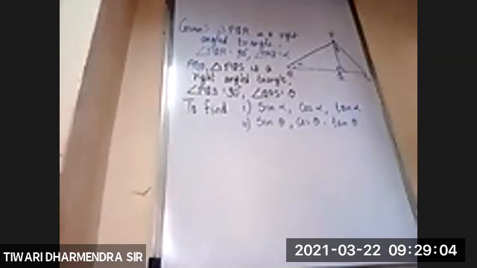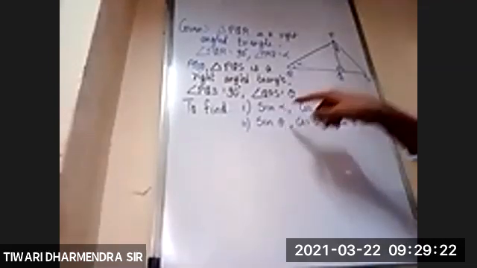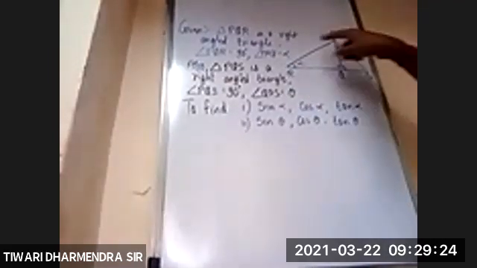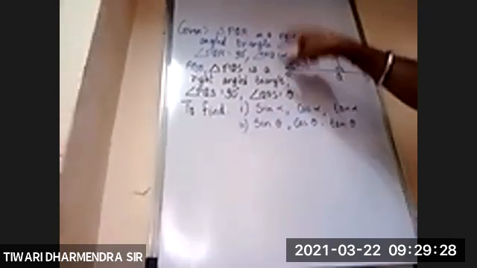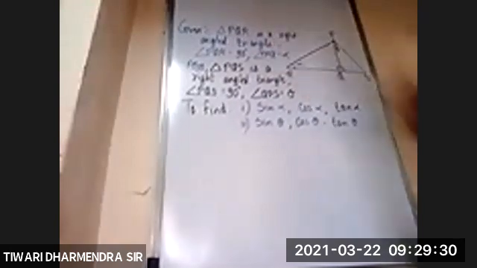So for alpha, we should consider the triangle PQR. We should mention specifically that we are dealing with this triangle, or else you will make a major mistake, which is unavoidable. So, in triangle PQR, as we can see that alpha is in triangle PQR, we are dealing with this triangle only.